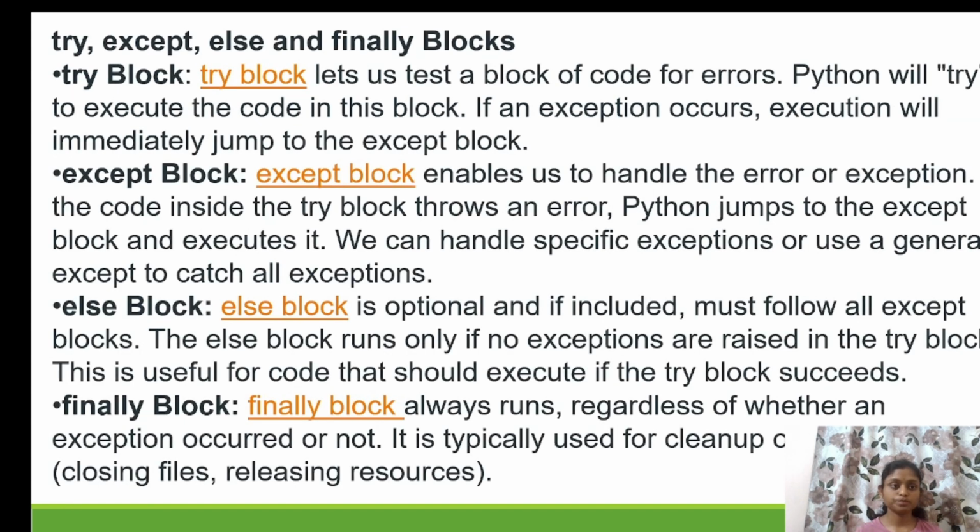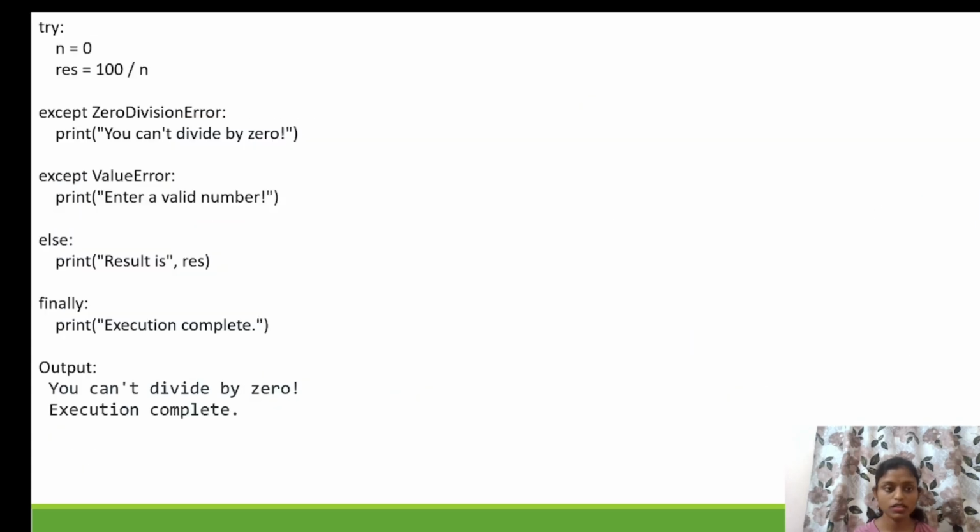And next, here I already gave that concept in detail, and here the next concept is the try block. Here we have an example: in the try block, I gave n equals 0, and res equals 100 divided by n, so here we expect some error, so I put it in the try block.